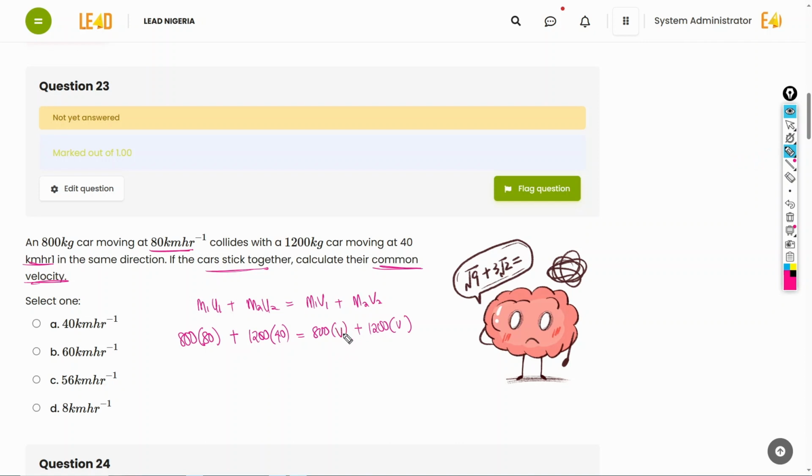So with that, we're able to simplify our algebra and call this 2000 v. 800 times 80 would give you 64,000, plus 1200 times 40 will give you 48,000. So 2000 v is equal to 64,000 plus 48,000.